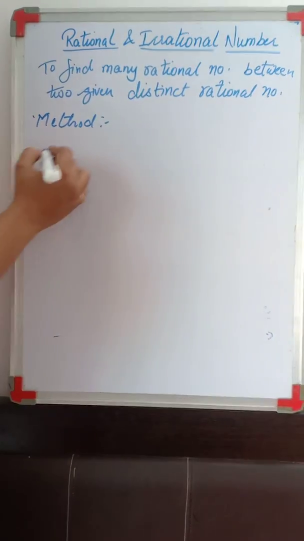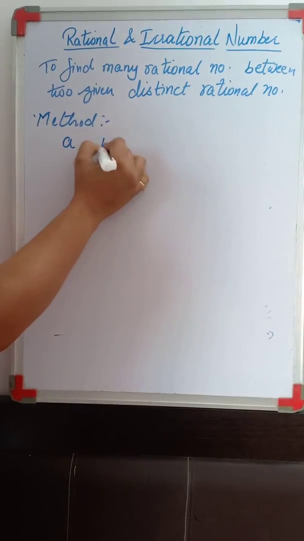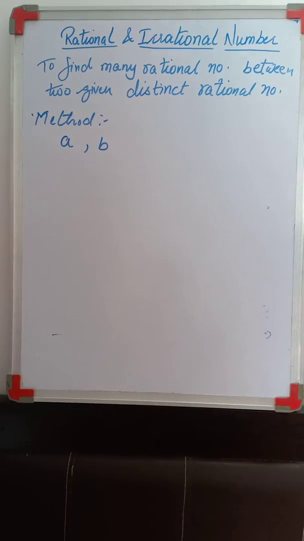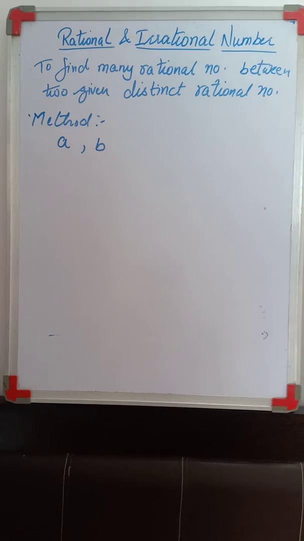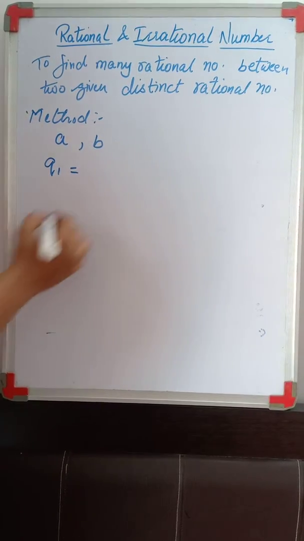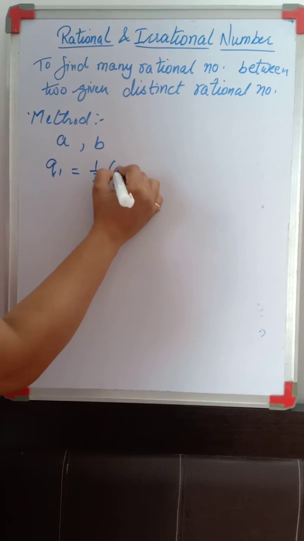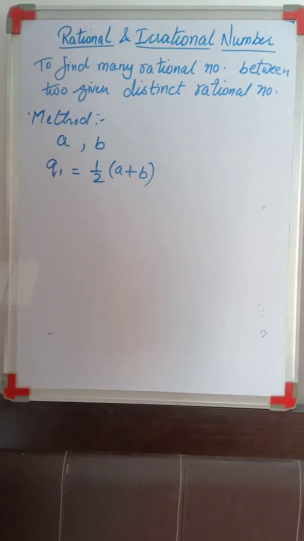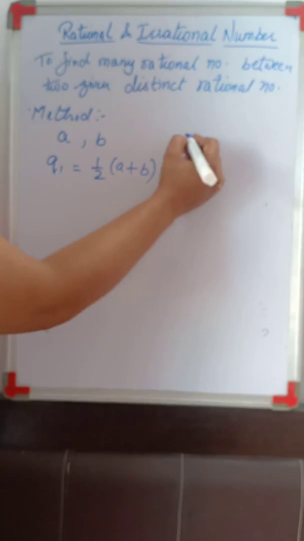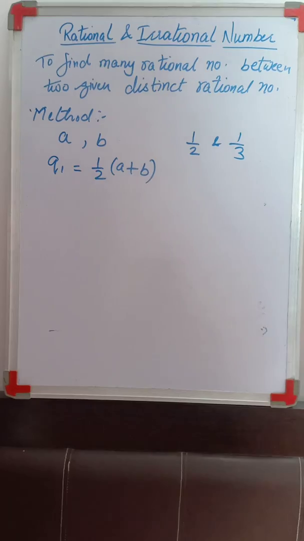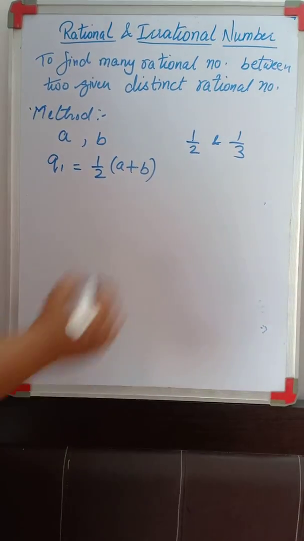Let us say we have two rational numbers a and b. Here I am saying a and b are not integers, these are rational numbers. Then the first rational number in between a and b will be half of a plus b. This is the first rational number in between. For example, if I take 1 upon 2 and 1 upon 3, what will be the first rational number in between?